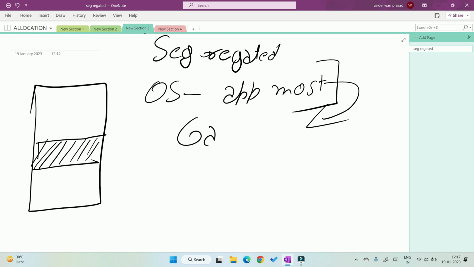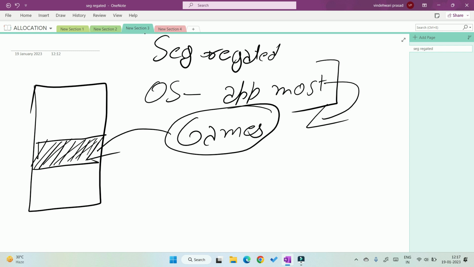Suppose that is a game you open daily. The OS reserves some place in the memory for this game, and this memory cannot be given to any other process unless it is that particular game. When there is a memory reservation for a particular process or application, that is called the segregated method. I hope you understand the meaning of the segregated method.